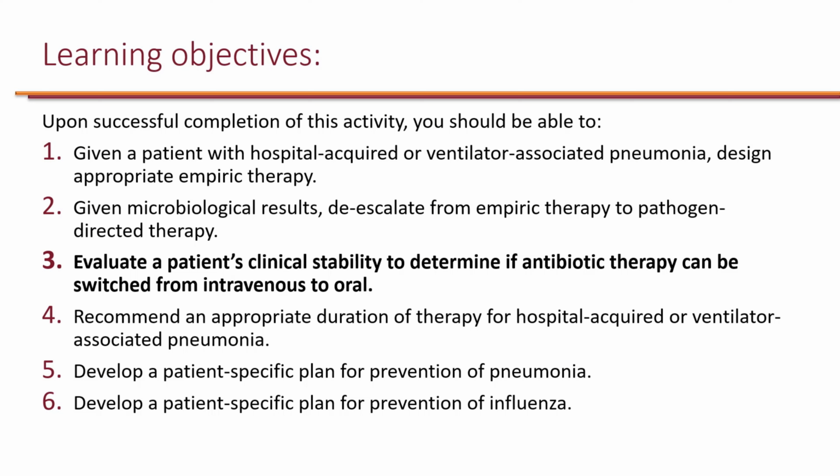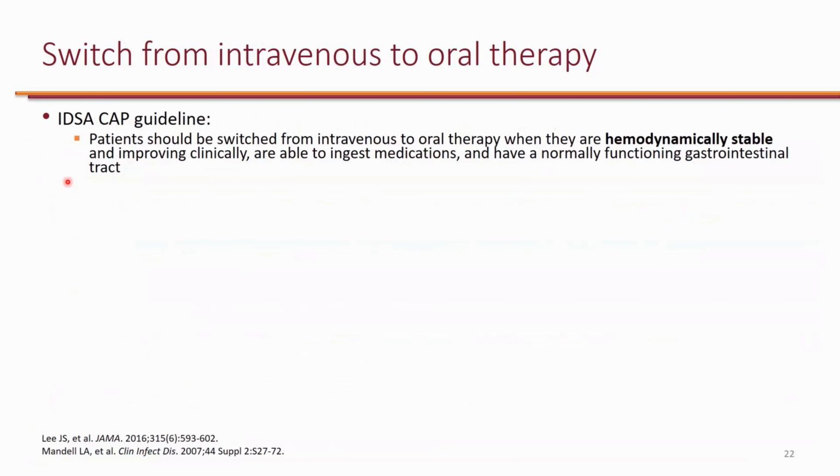Now let's evaluate a patient's clinical stability to determine if antibiotic therapy can be switched from IV to PO. IDSA guidelines for community-acquired pneumonia give us some guidance for switching patients from IV to PO. Keep in mind that community-acquired pneumonia can be treated as outpatient in moderate or less severe patients, whereas in hospital patients, the patient will receive IV antibiotics.